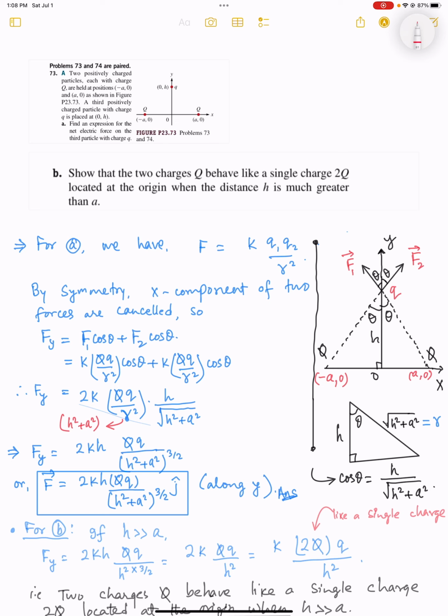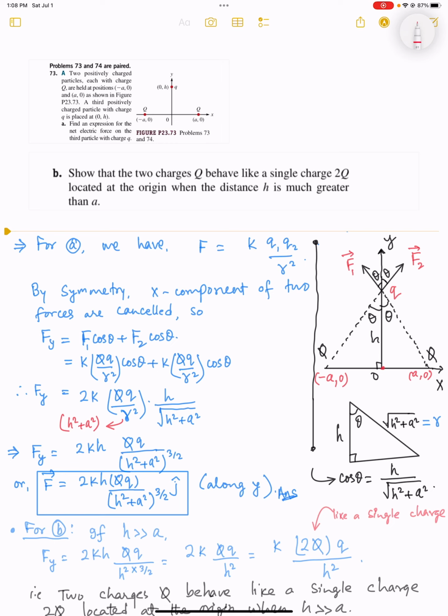So the configuration is given as two positively charged particles on the x-axis, one on the negative x-axis and another on the positive x-axis, and the distance of these two charges from the origin is the same.